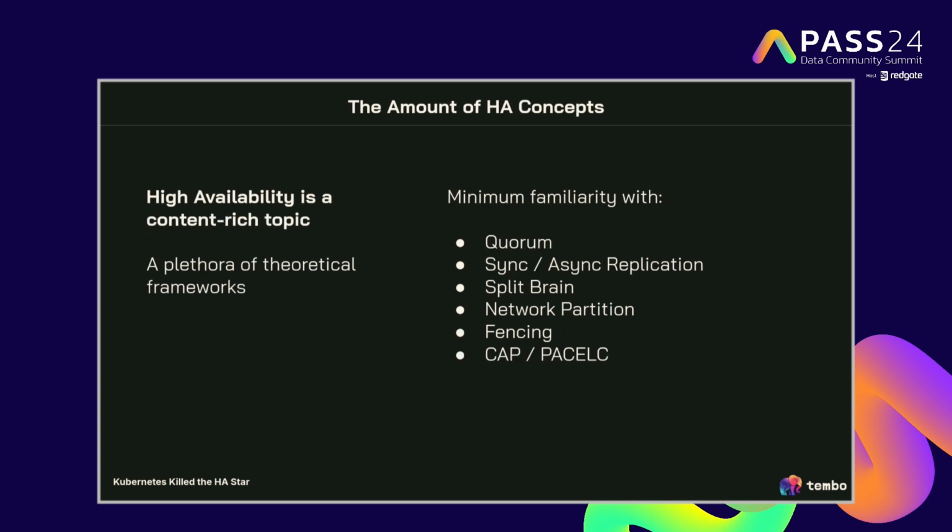And then you have to be familiar with lots of concepts, right? Like, how do I architect it? What's quorum? What's sync? What's split brain? What are network partitions? What's fencing? What's CAP theorem? What's PACELC? I call it PACELC because it's funny. The first 3 chapters of my book are on theoretical frameworks and theorems, so you have an understanding of what you're building before you build it.